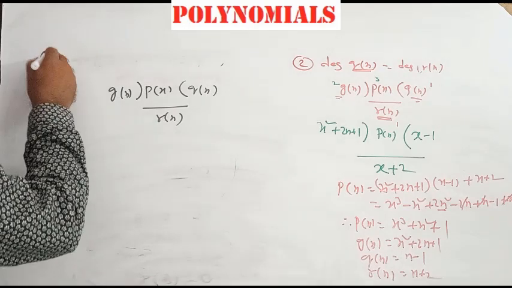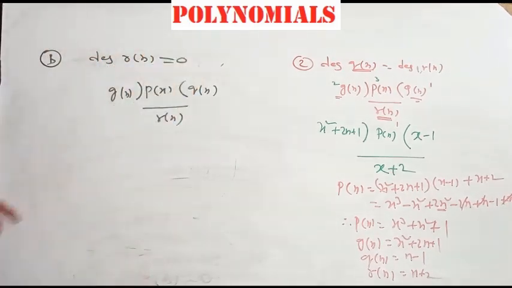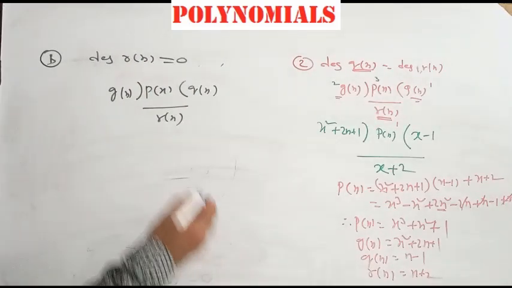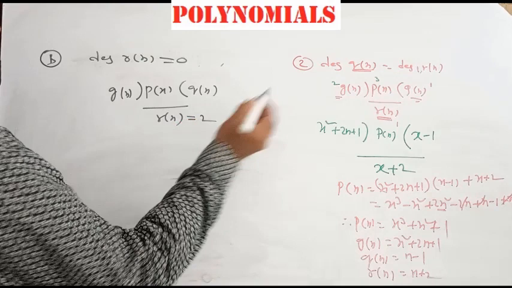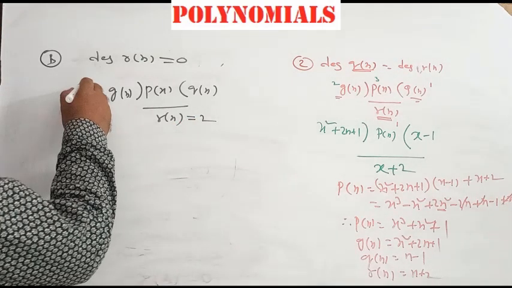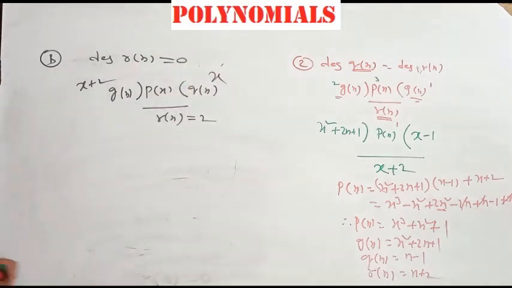Okay, third problem: degree of r of x should be 0, which is a constant. You can take any constant. So I want to take this constant as 2. r of x is taken as 2. Just to simplify, take g of x as x plus 2 and q of x as x.